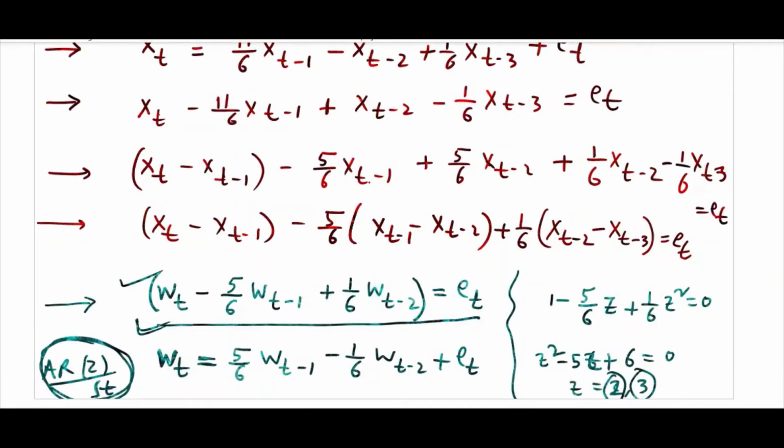Now check the parts here. If you want to term this as ARMA, the MA part is 0 anyway. There is no MA part here. The AR part is 2. So this is ARMA 20, or you can write AR2. You can write this is AR2 or ARMA 20, no MA part here.